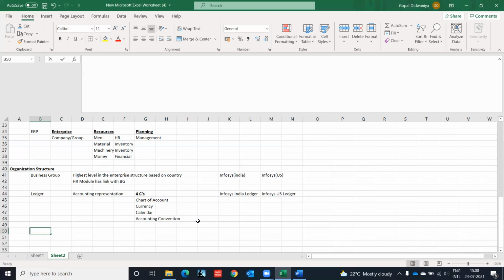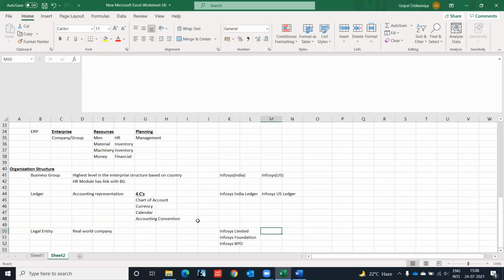So after the ledger we have legal entities. A legal entity is your real world company. In the case of Infosys India, it can be Infosys Limited, Infosys Foundation, the NGO for social responsibility, Infosys CSR, and Infosys BPO.